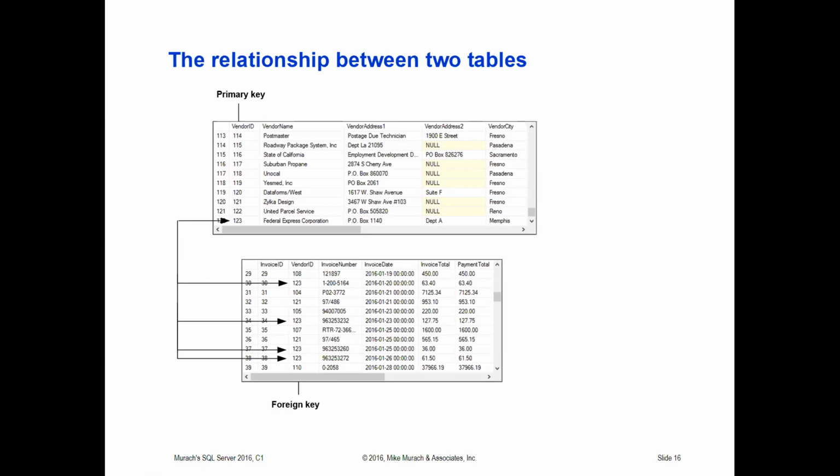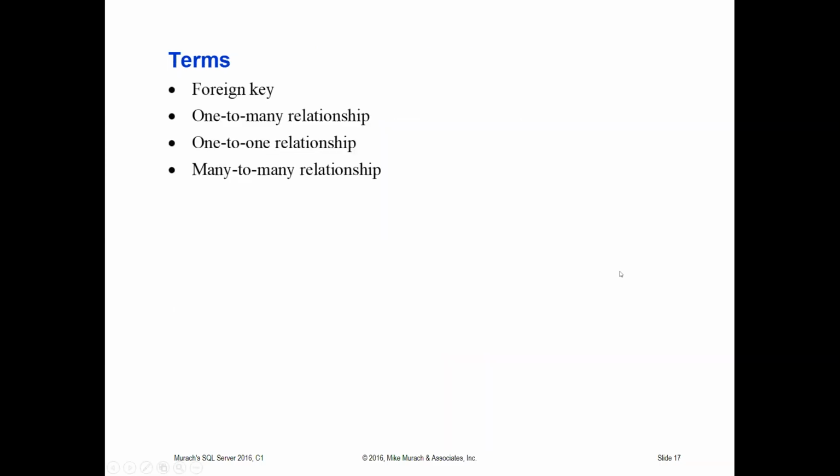So I have to match that up with the vendor table to find that vendor's name and other pieces of information. Whenever I have a key like this embedded in a table that points to another table, that's a foreign key. It's not part of the key for this table, it's part of the key for another table.